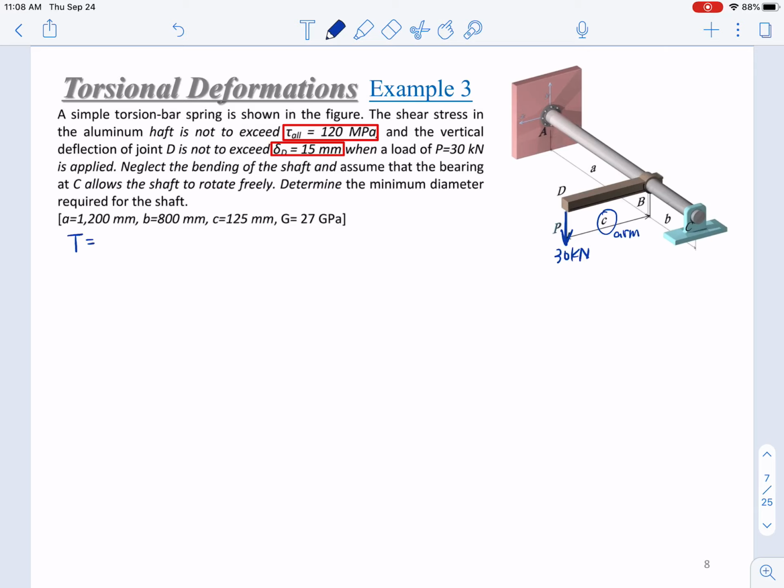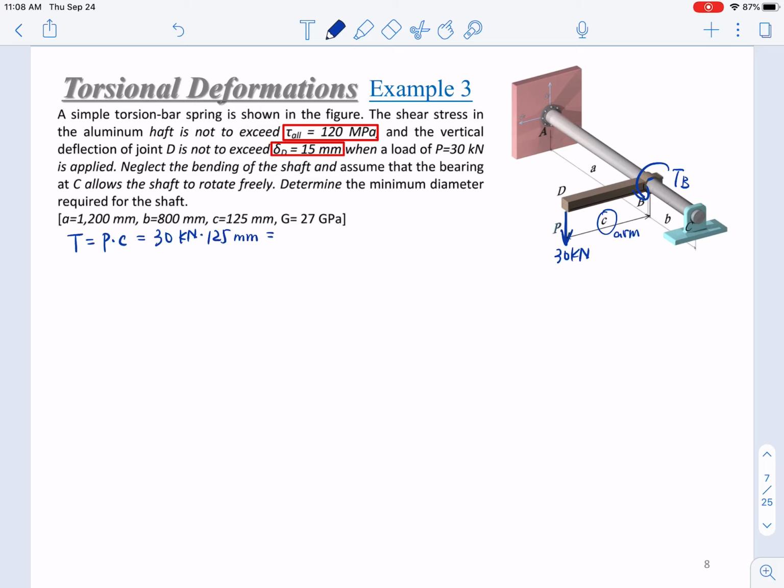It will generate a torque here at point B. This is the TB. So T, or TB, equals P times C, 30 kilonewton times 125 millimeter.